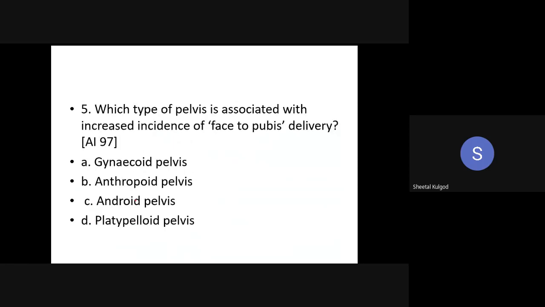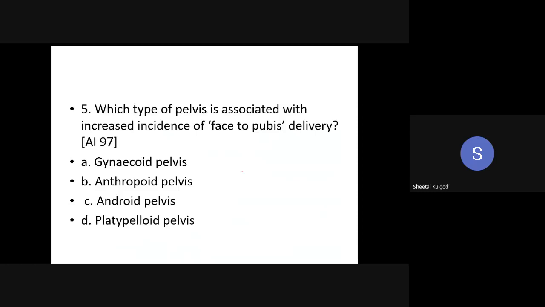Fifth, which type of pelvis is associated with increased incidence of face to pubis delivery? Gynecoid, anthropoid, android, or platypelloid? This is a very easy one. Come on, quickly. We already discussed about this. Anthropoid. Anthropoid is the right answer. Why?